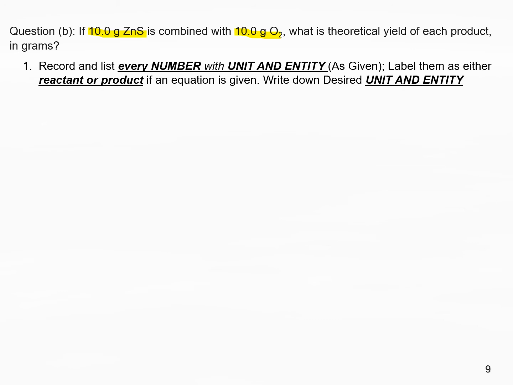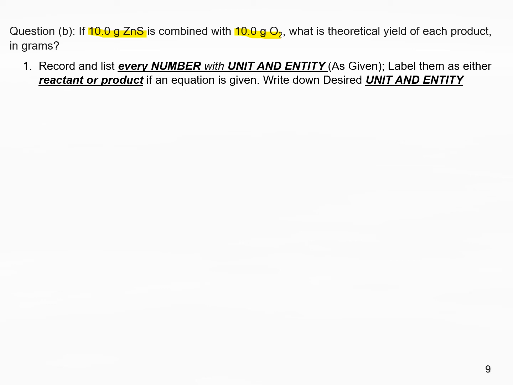According to this 3-page handout of the flow chart I gave you, I just copied it line by line here. In the first page we have step 1: record and list every number with the unit and entity as given, and label them as either reactant or product if the equation is given. Remember, question A is about balancing this equation, right?